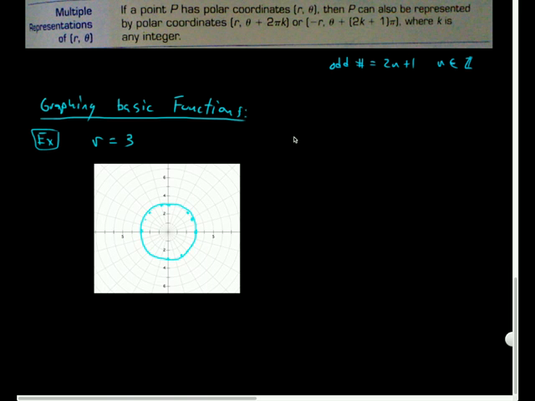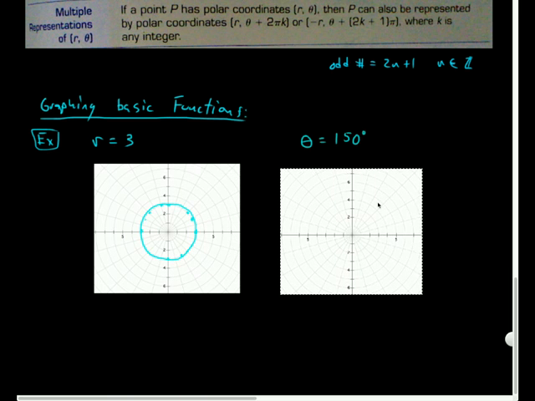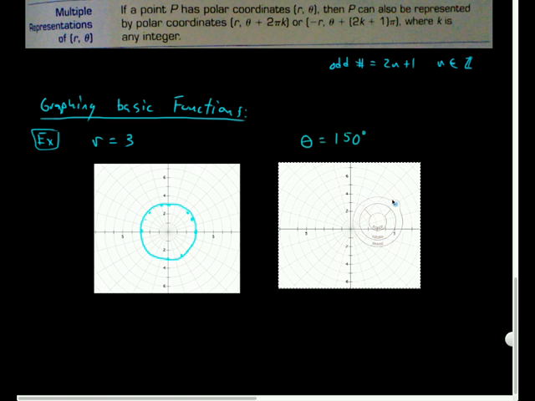Another basic equation I could have is what if I say theta equals 150 degrees. Let's get another coordinate plane here, I guess polar plane is more accurate. So let's consider all points that have 150 degrees as their theta coordinate.